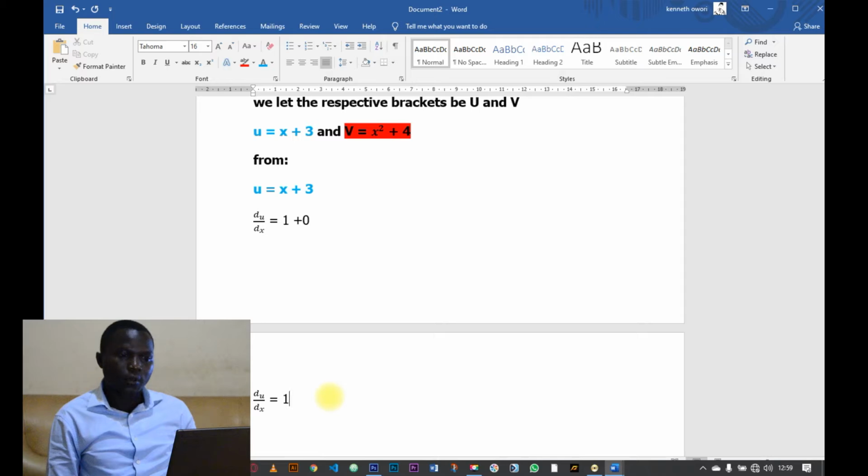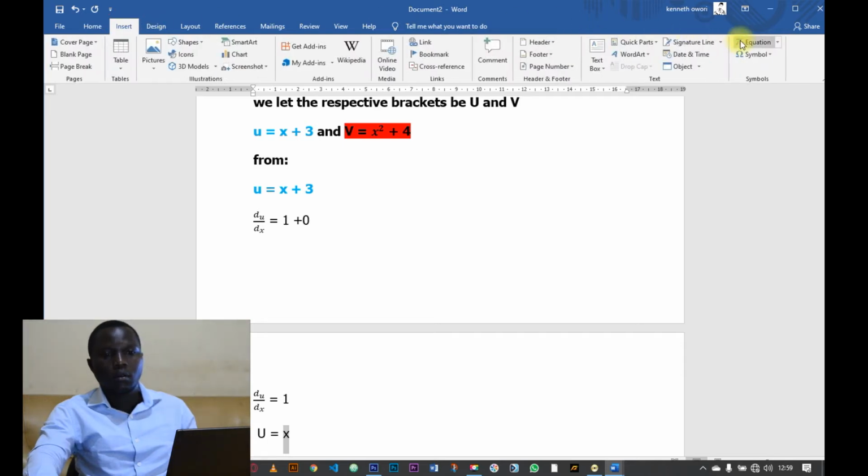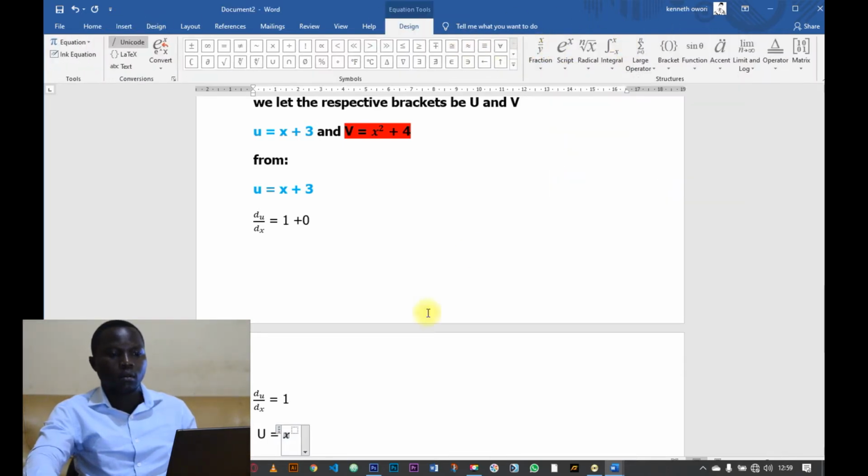So back to the issue that whenever we differentiate a value with a single power, we get a constant. This is how it comes about. Supposing we have u equaling x power 1, and you're interested in finding the derivative.